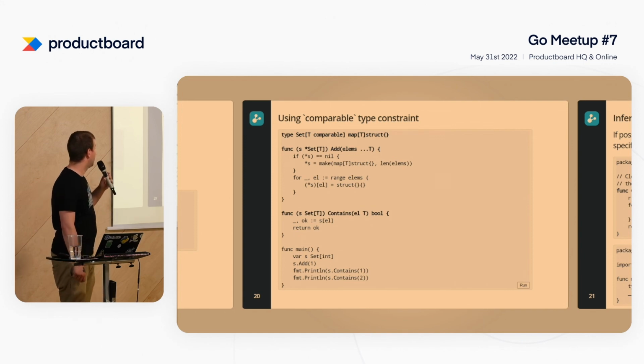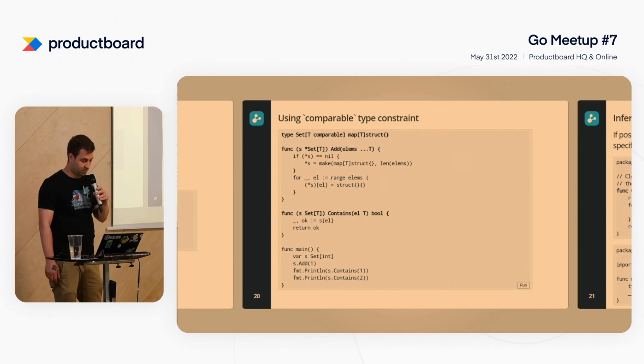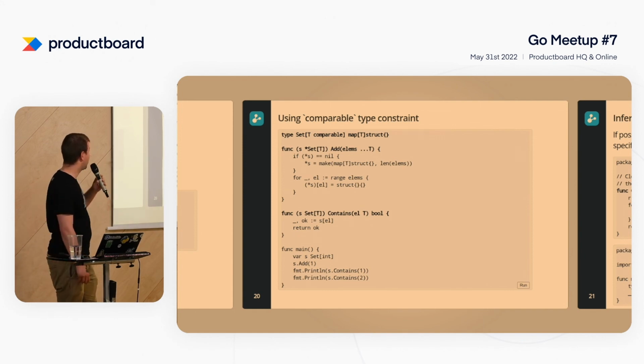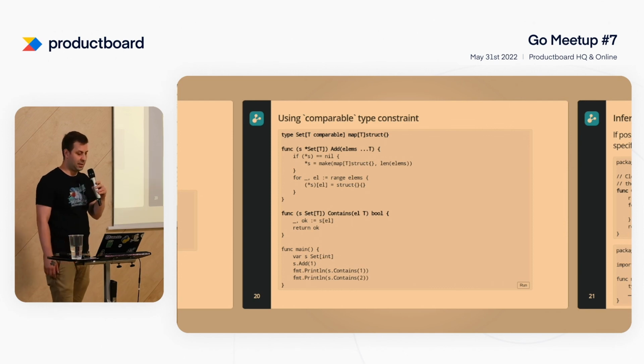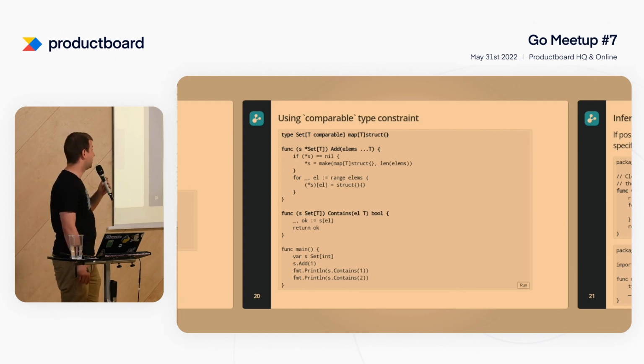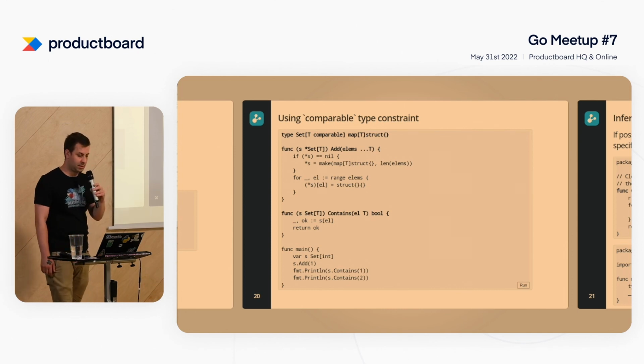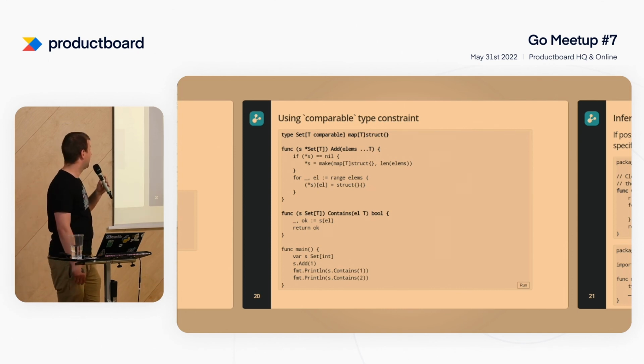So, comparable is very useful when using generics with maps. When using generics with maps, the thing is that the key in a map can't be everything. Let's say a byte slice can't be used as a key in a map because it isn't hashable.